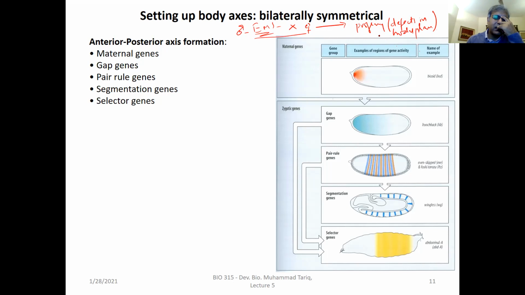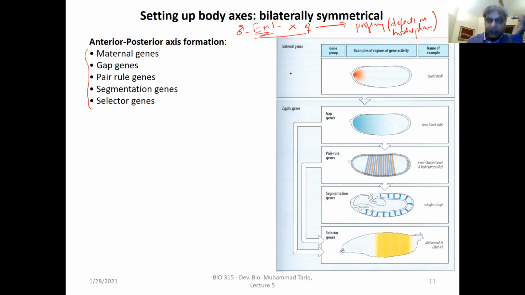As I told you, it was a Herculean task. It was a huge genetic screen. What they did was classify the genes, the phenotypes they discovered, into 5 different categories.